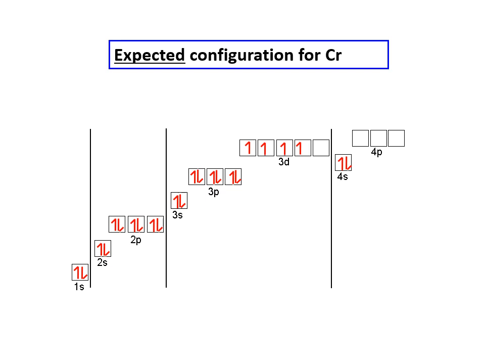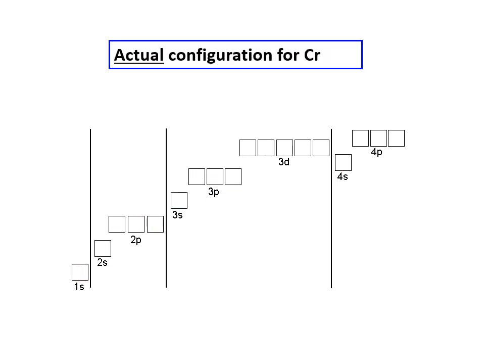But in reality, what actually happens is that 1 goes in the 4s and 5 go in the 3d's to make the d orbitals half filled. Because these half filled d orbitals, with 1 electron in each, actually give the entire chromium atom a lower energy.